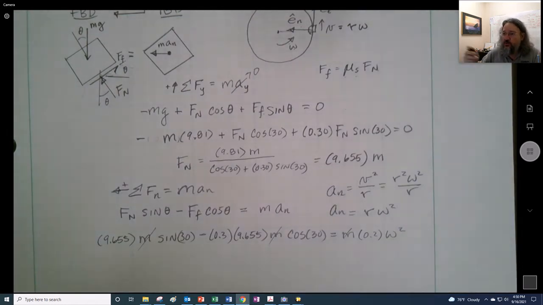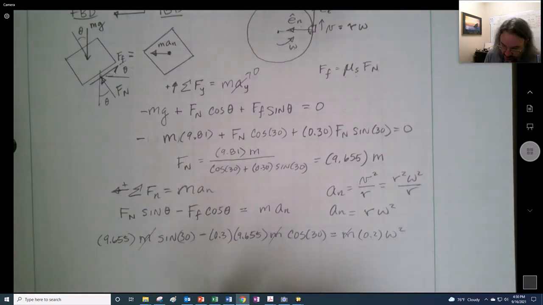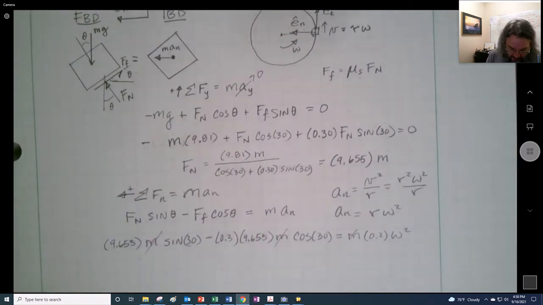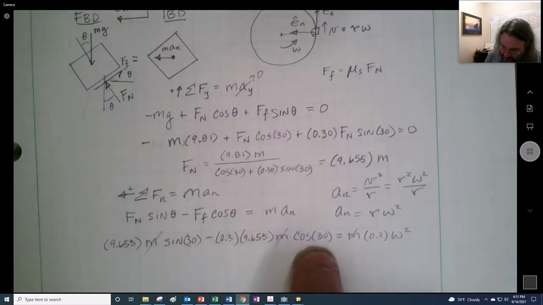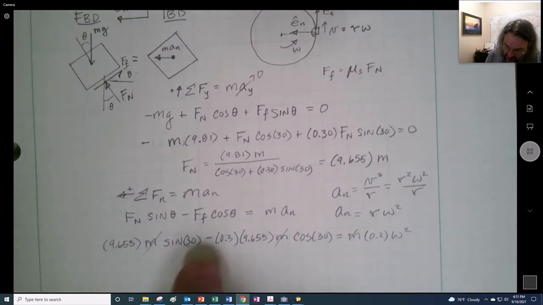The mass wouldn't control whether this thing flies out or actually slides down. But this is going to be the slower of the two right there. So let's see. We'll plug all these numbers in. 9.655 times the sine of 30. Okay. And then 9.655 times 0.3 times the cosine of 30, and we subtract that in this case.